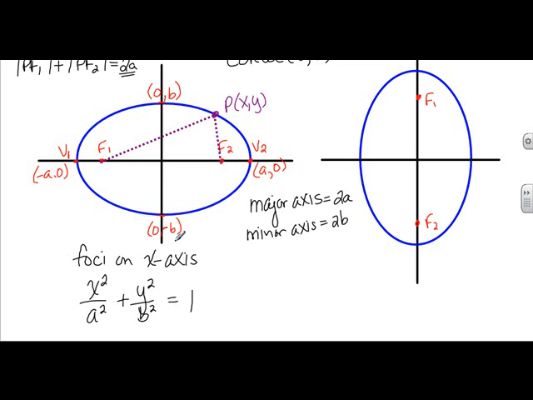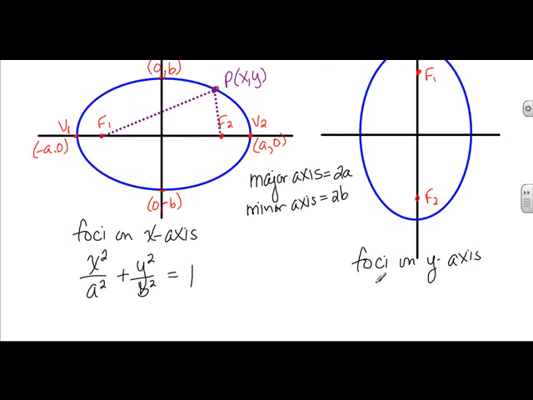Similar kind of arrangement with the other ellipse. If we have foci on the y-axis, the equation is going to be y squared over a squared plus x squared over b squared equals 1.